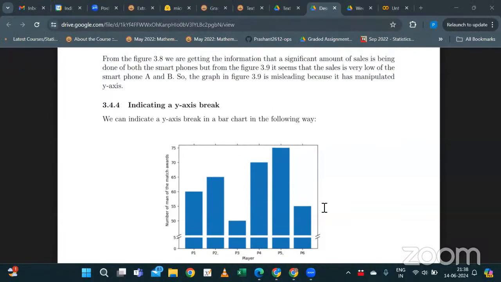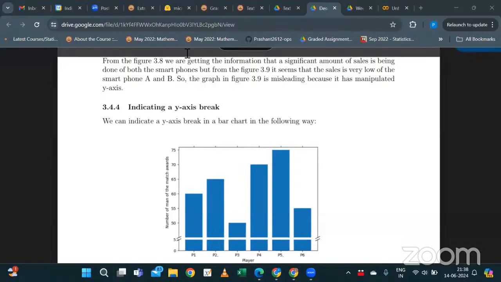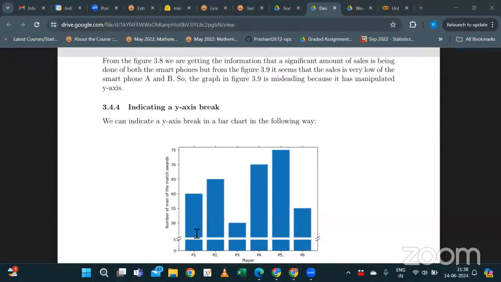So I will share my screen. One more thing is called indicating a y-axis break. Sometimes you can show a break on the y-axis. If you represent this y-axis break, that is a good thing, because there is a break on the y-axis and you have clearly presented it.